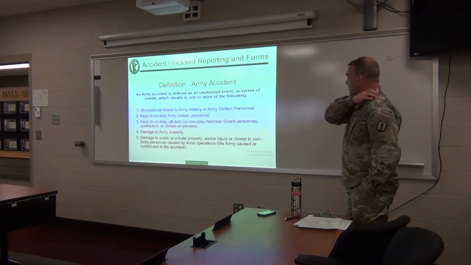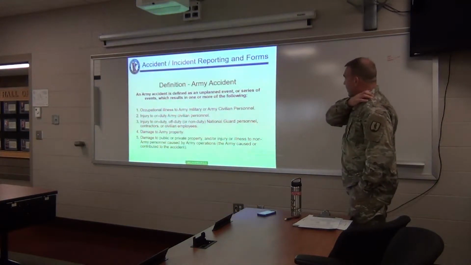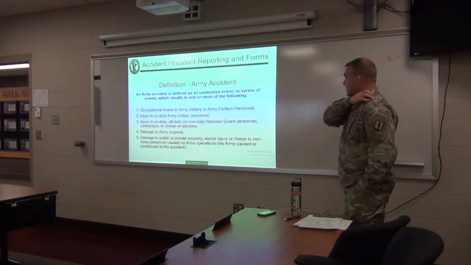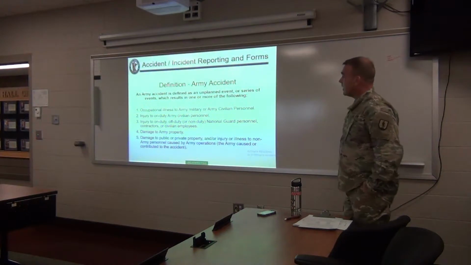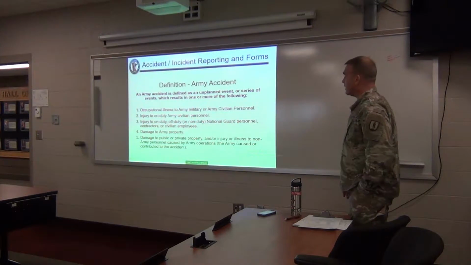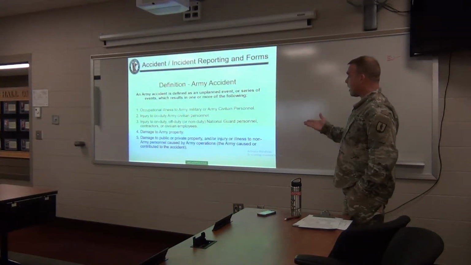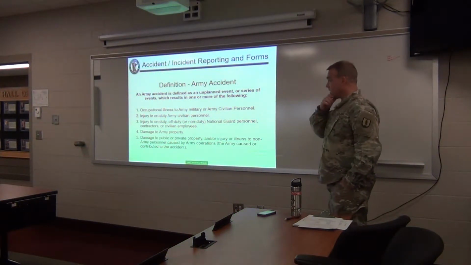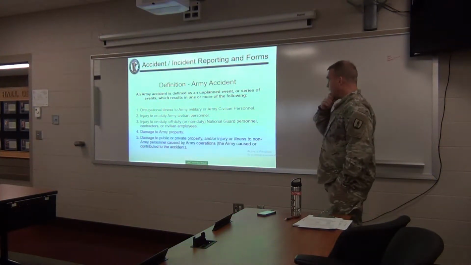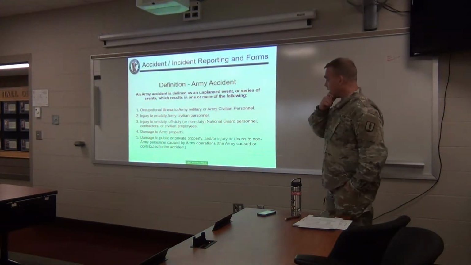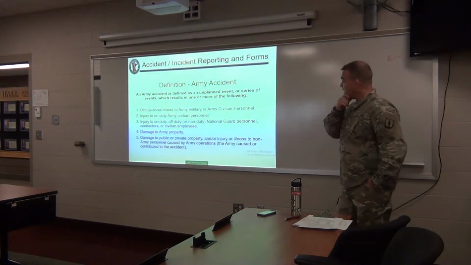It's an unplanned event, obviously, or a series of events that result in one or more of the following: an occupational illness to Army, military, or civilian personnel, injury to Army or civilian on-duty military personnel, injury to on-duty and off-duty or non-duty National Guard personnel, contractors, or civilian employees, any damage to Army property, damage to public or private property, and or injury or illness to non-Army personnel caused by us.